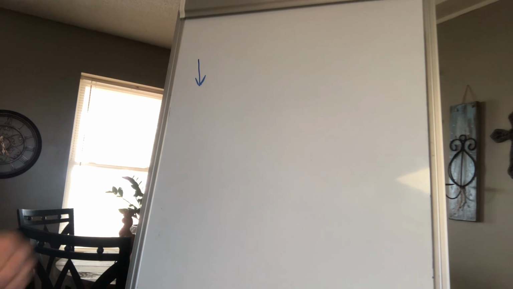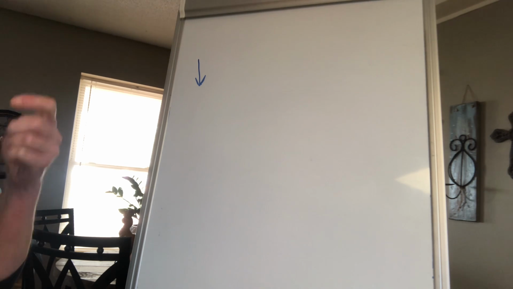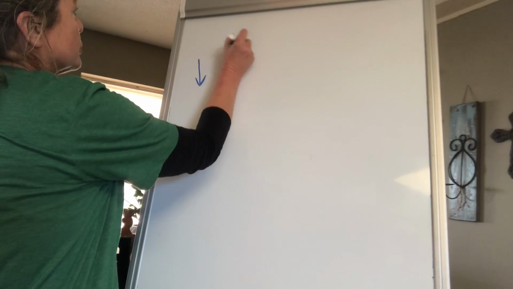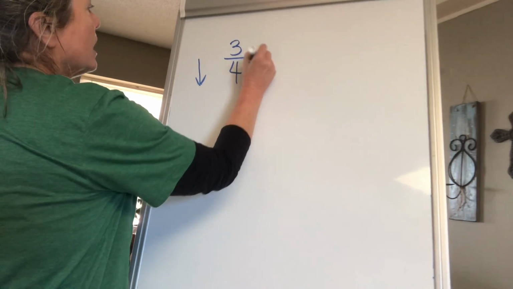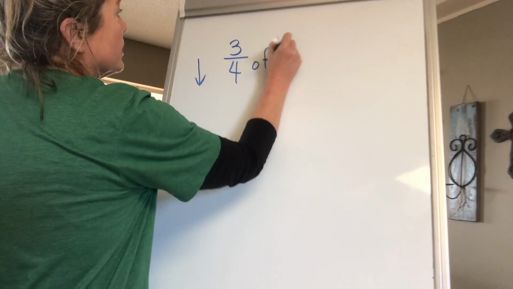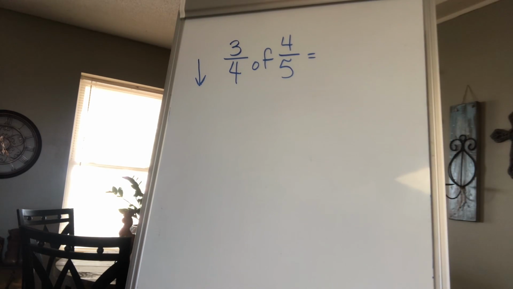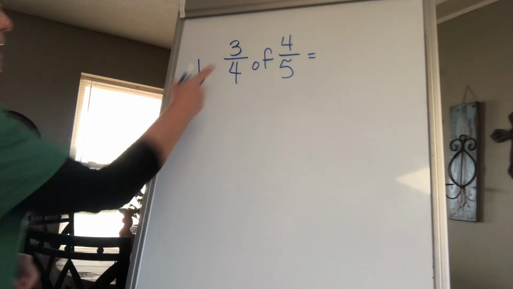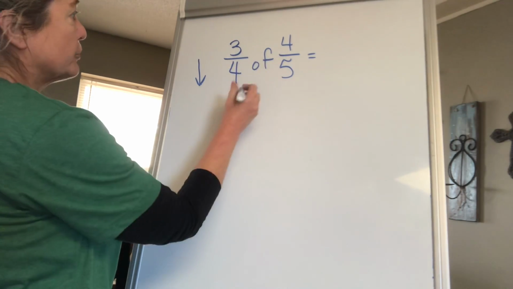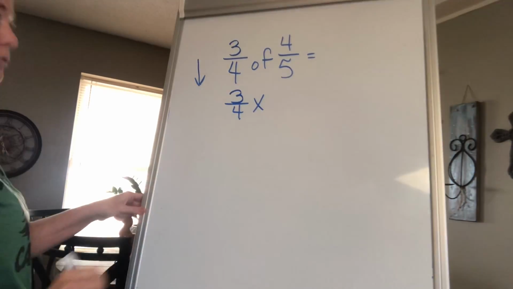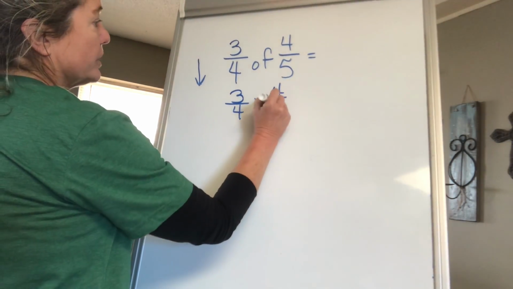Okay, and this is where thinking about our English to Mathlish comes in. Han has walked 3/4 of the 4/5 kilometers between the two houses. And we know that in math, of is multiply. So he's walked 3/4 of 4/5.